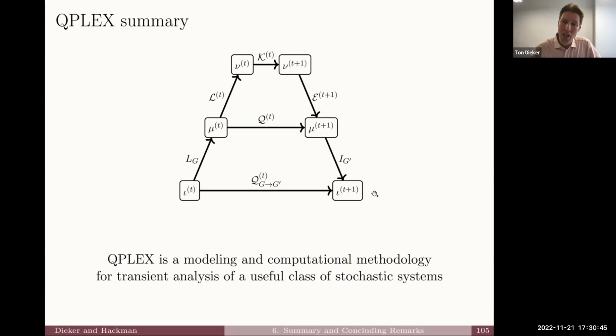And in the bottom layer, we worked with collections of low dimensional PMFs. In each of these cases, we talked about computational techniques to get across without having to pass through higher dimensional spaces. QPLEX is designed for transient analysis, and it has both a modeling and a computational component.